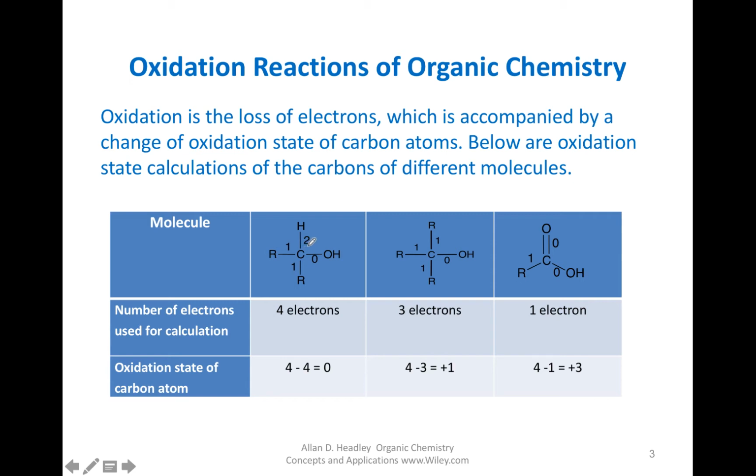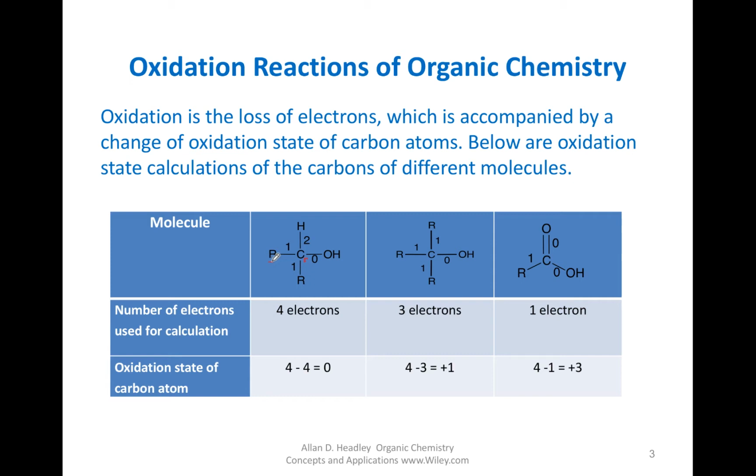So let's see one way we can calculate the oxidation state of a carbon. So let's concentrate on this central atom here, carbon. We know that carbon has 4 bonds to it, and here is a carbon that's bonded to another carbon, and we know that there are 2 electrons in a single covalent bond.